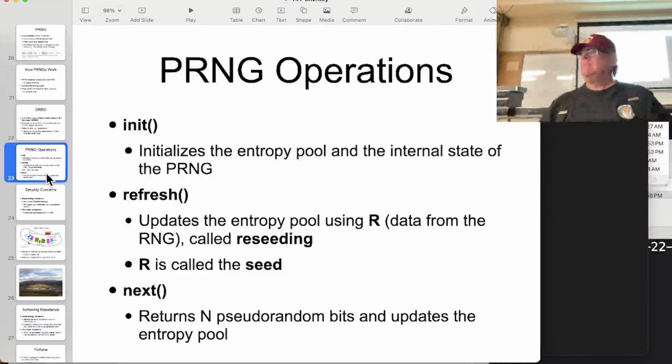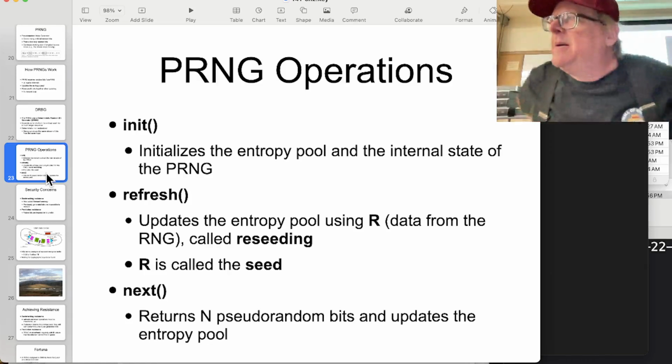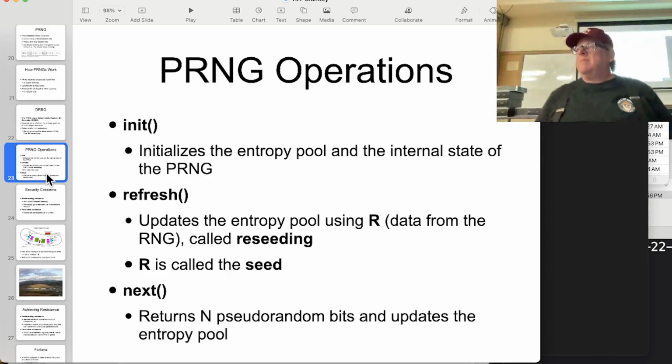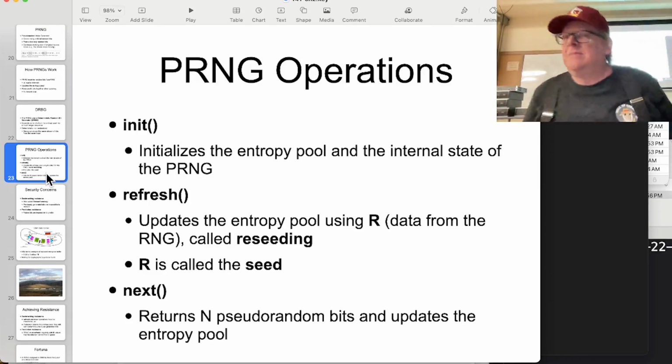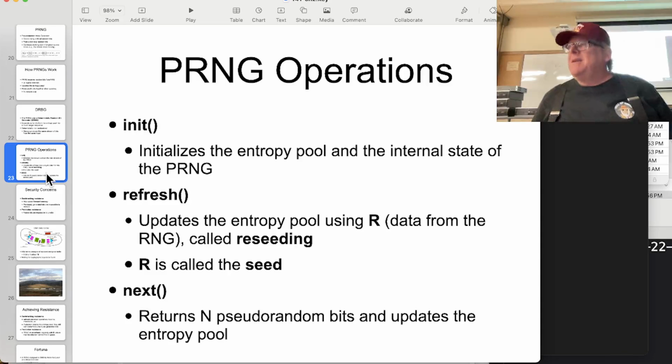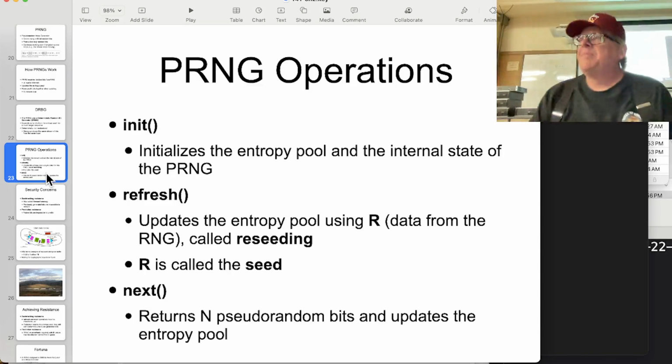Yeah. Just a question, because there was a question on the quizzes that was saying something along the line, which of these stages, which of these operations moves the elements from the random number generators to the pseudo random number generators? And I think if I remember correctly, the answer was init or refresh.